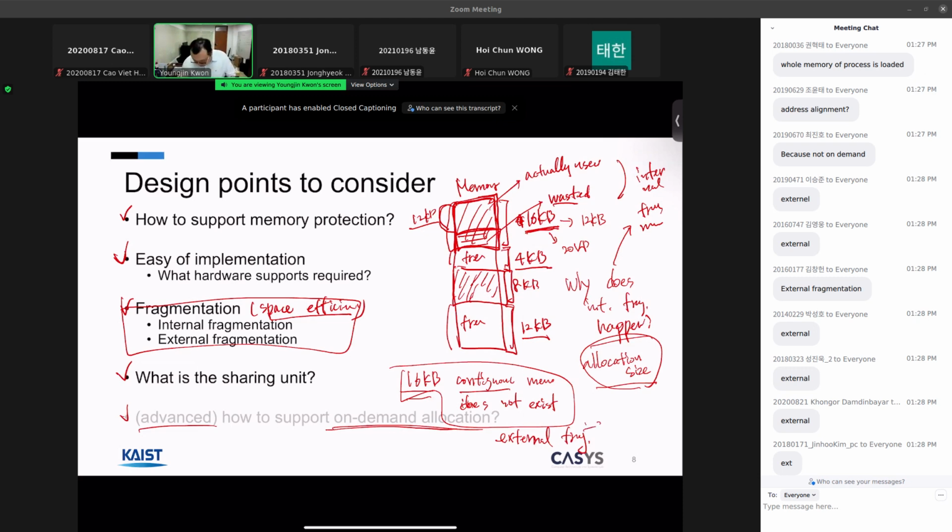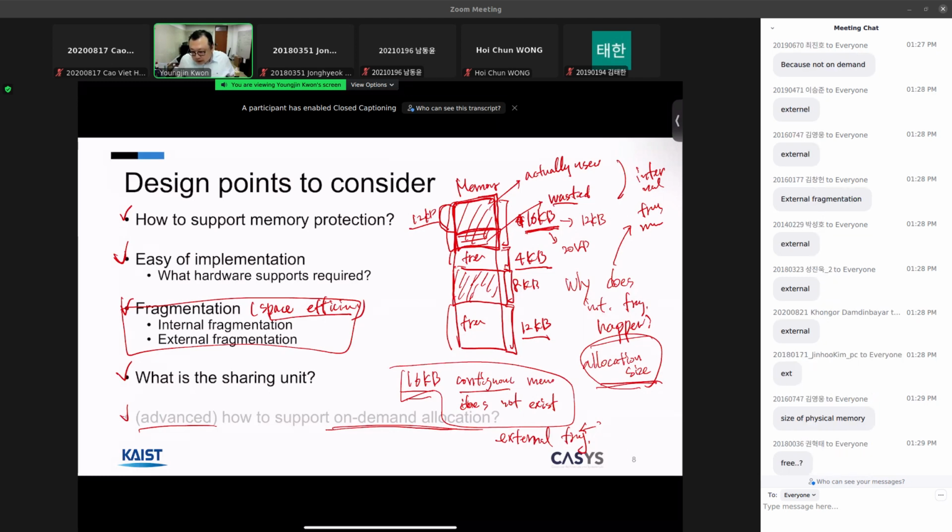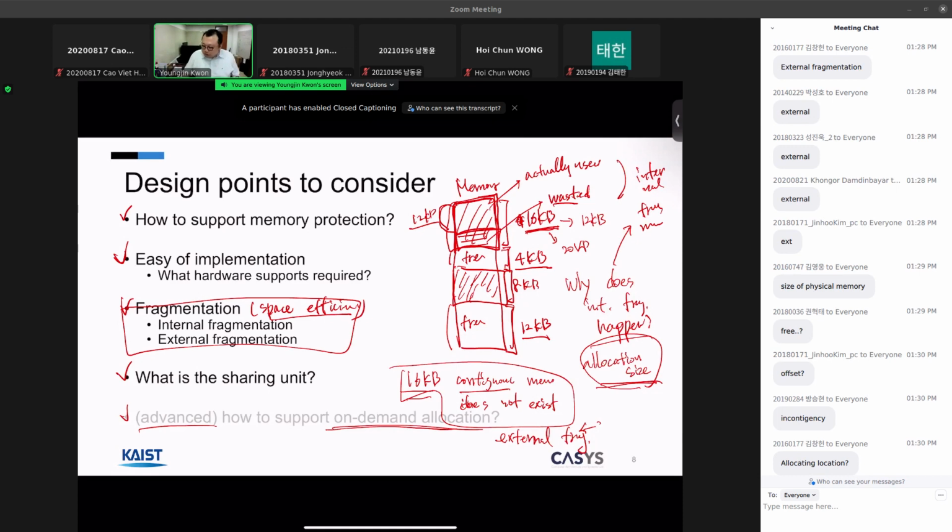So again, what is the fundamental reason, what affects external fragmentation? Internal fragmentation depends on allocation size. What is the key factor for external fragmentation? Placement.